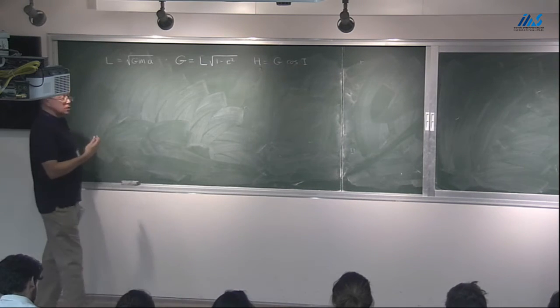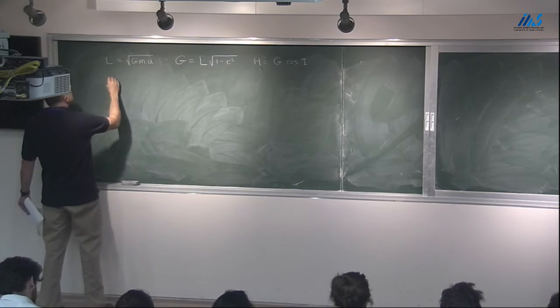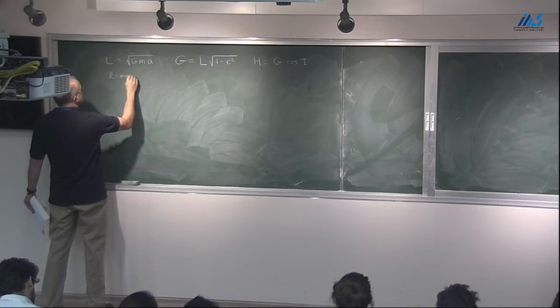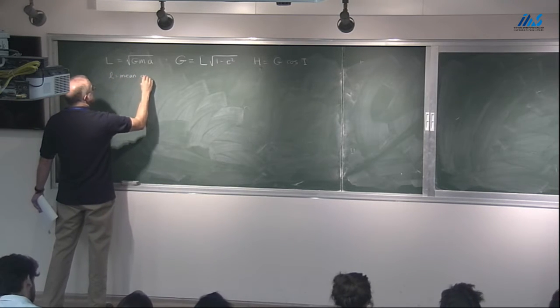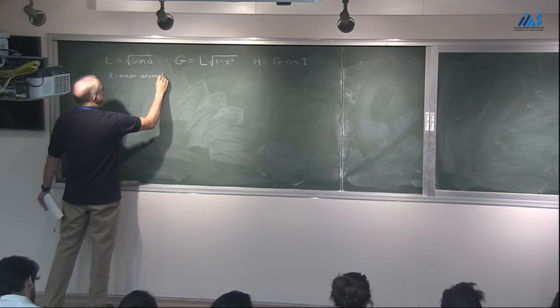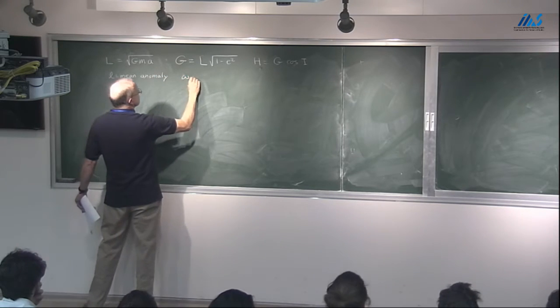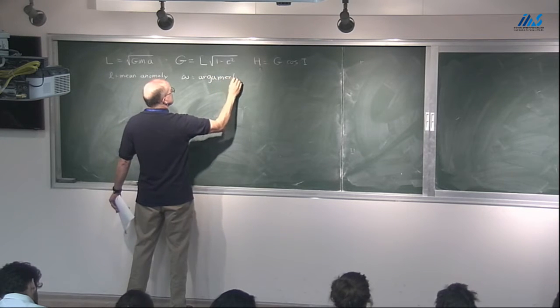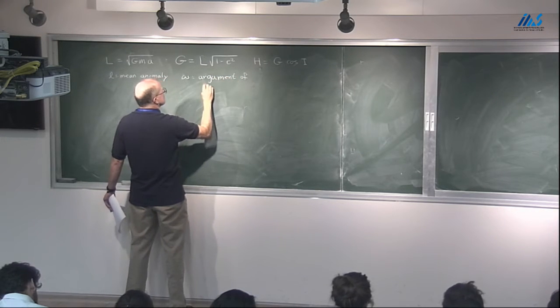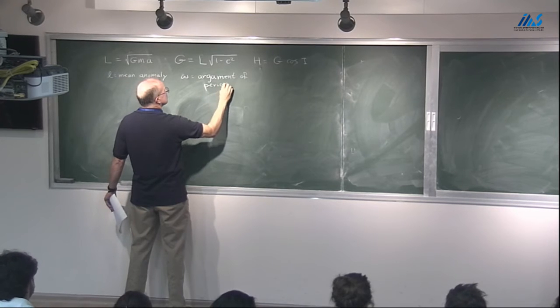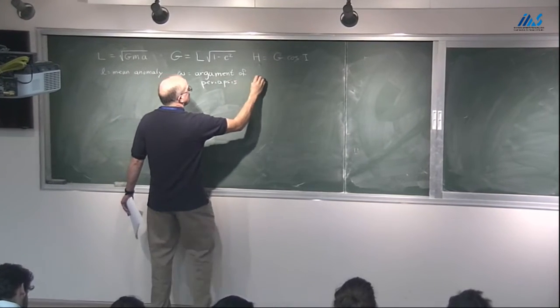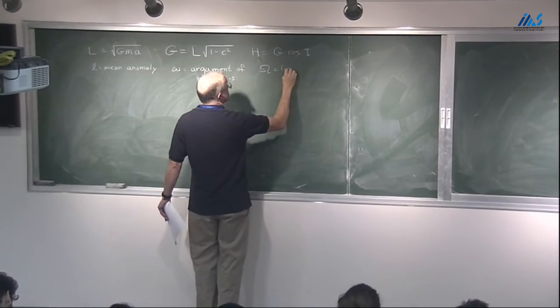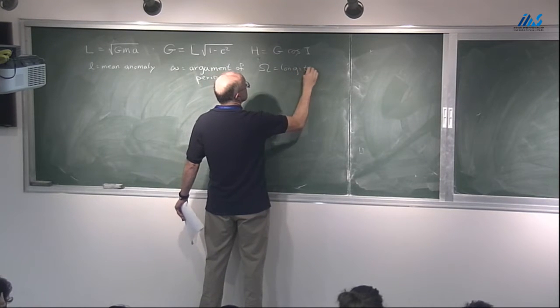And the conjugate coordinates for those are l, which is the mean anomaly, omega, which is the argument of periapsis, and capital omega, which is the longitude of the ascending node.